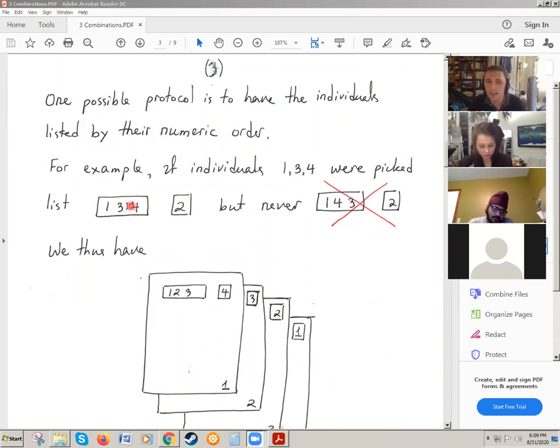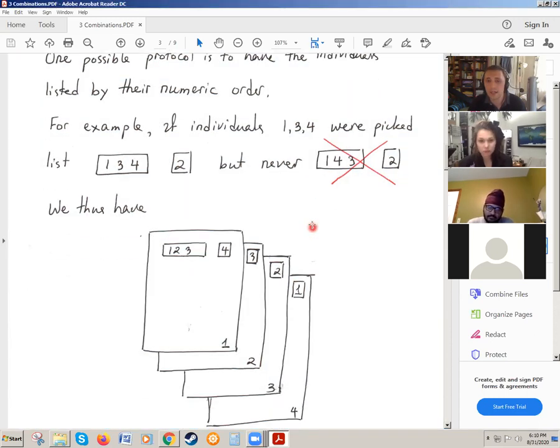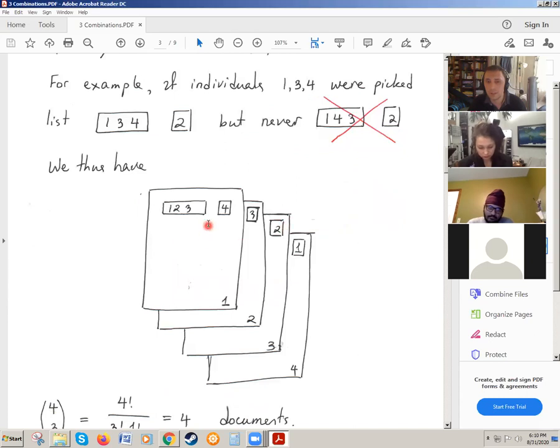Okay, so I can fill this document this way, but I can never write 1, 4, 3. You see this? So this is not allowed in my document, and then I can just simply count the number of documents that are possible.